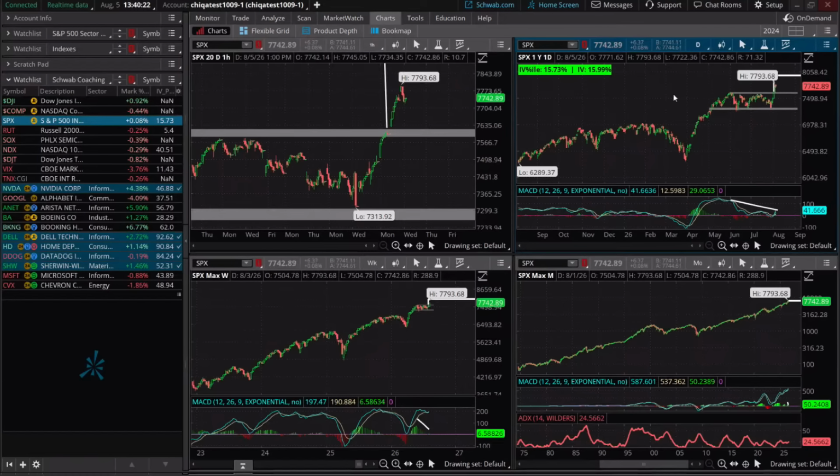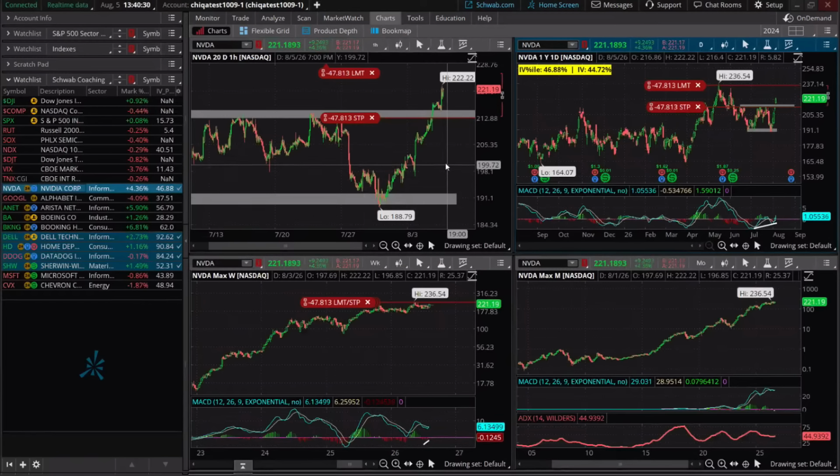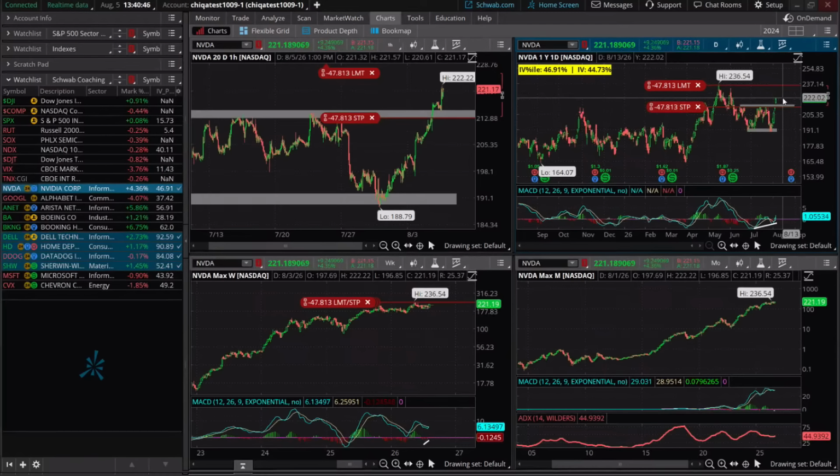Because as traders, when we're looking for confirmation, we want to look for an alignment across time frames. So for this example with NVIDIA, we can see by looking at these two bottom charts that we are in a primary uptrend for NVIDIA. And if you look at the short term, we have a bottom reversal here, a breakout.